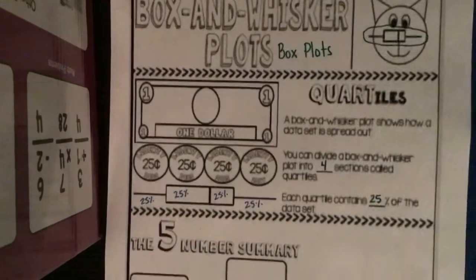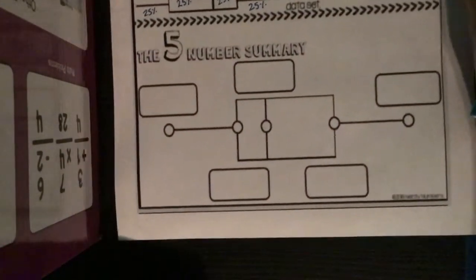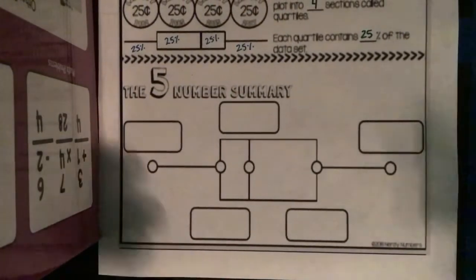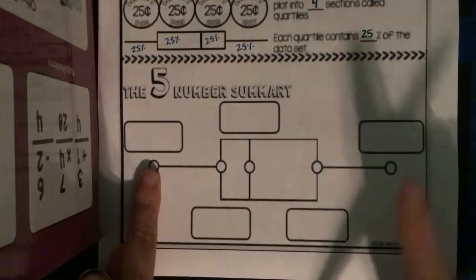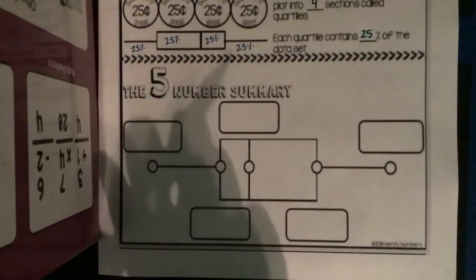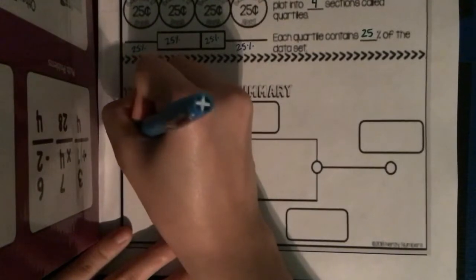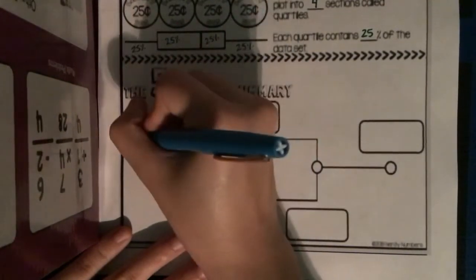Now let's talk about the 5-number summary. Looking at a box plot, there are 5 different numbers that you can get from it just by looking at it. The easiest ones are the one all the way to the left and all the way to the right. These will be your minimum, which is the least.